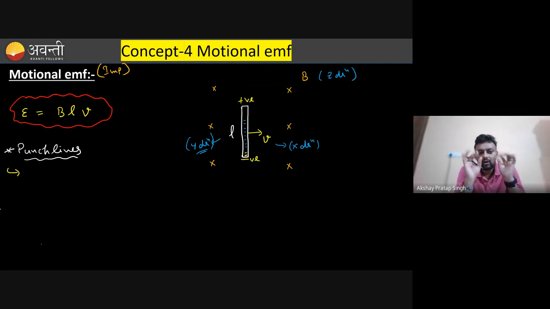B, L, V. All these three terms must be perpendicular to each other. I'm saying it and you should follow it. What is the first punchline? B, L, and V should be mutually perpendicular.